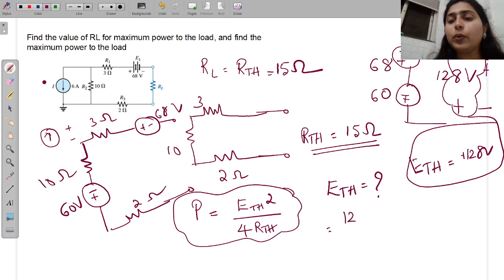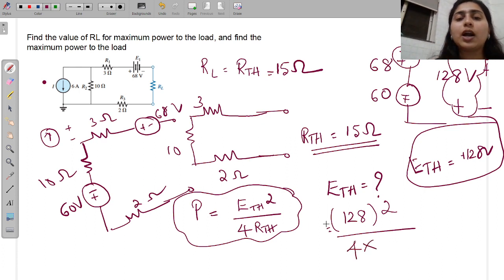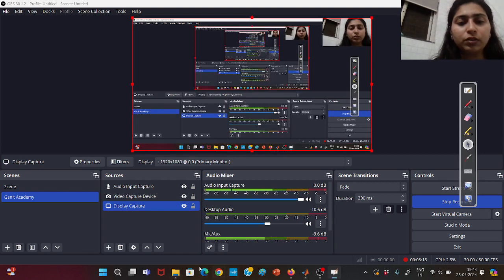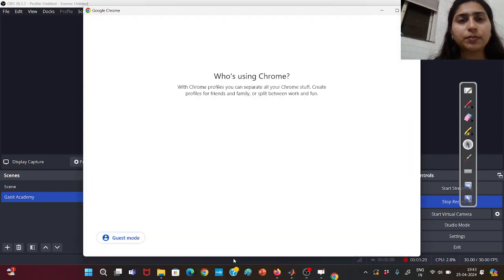Now 128 squared divided by 4 times what is your RTH? RTH will be equal to 15. So what is the value of this? You can find out the value of that.